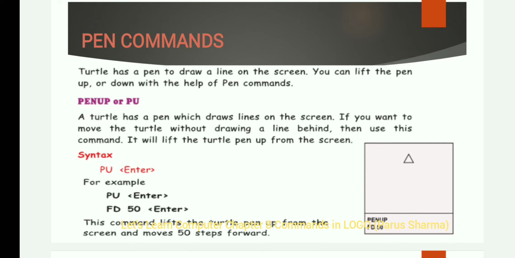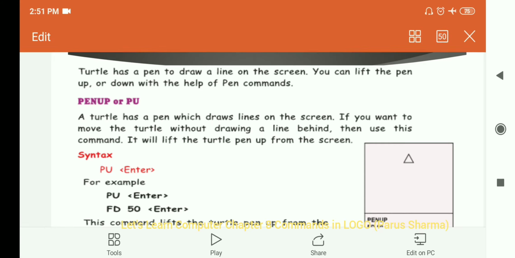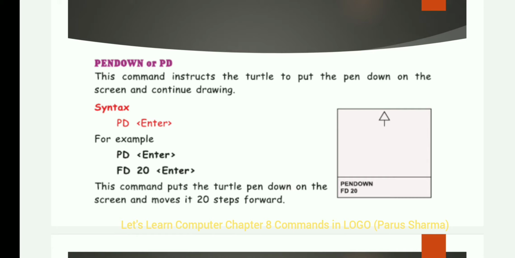So if you want to move the turtle without making any line, you can write the pen up command PU and then use your FD and BK commands to move the turtle. Then next we have the pen down command. The pen down command is used to put the pen down again to make lines. So you can write the PD command and then write the movement commands to draw the lines.